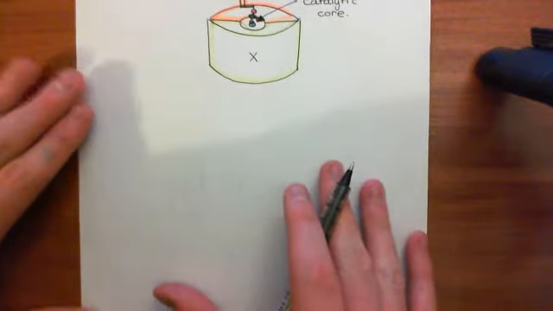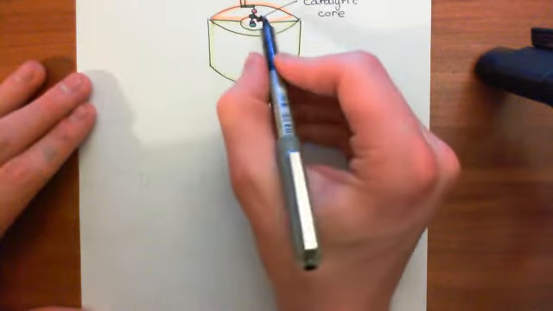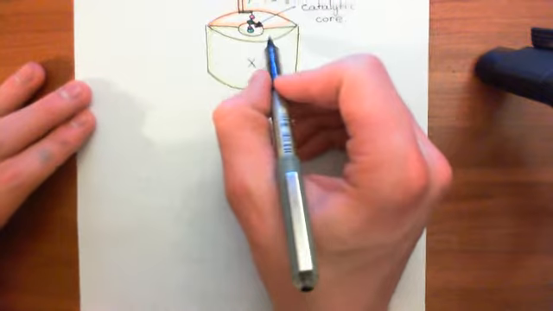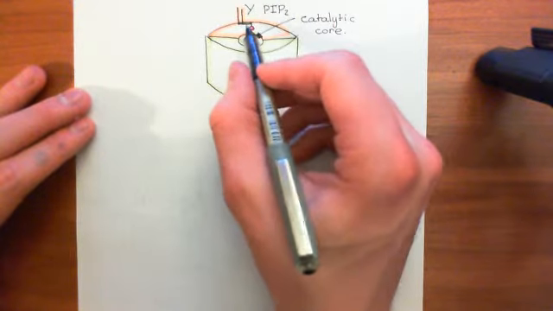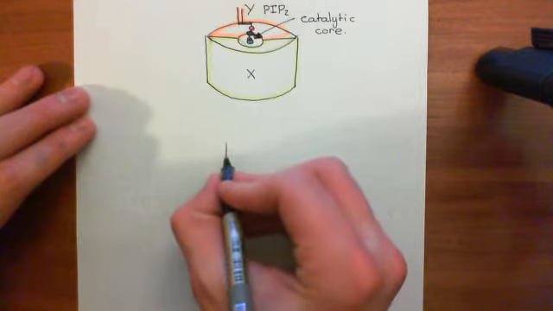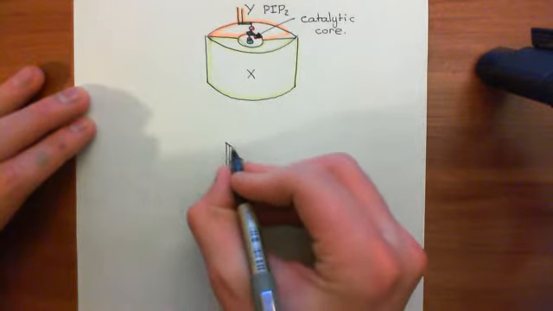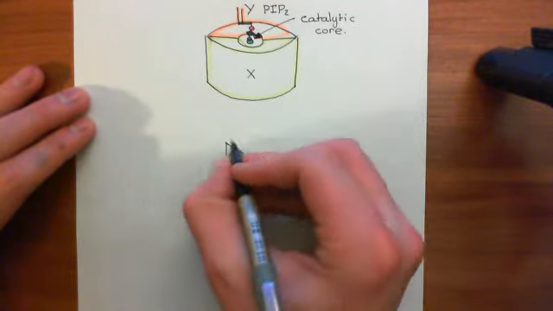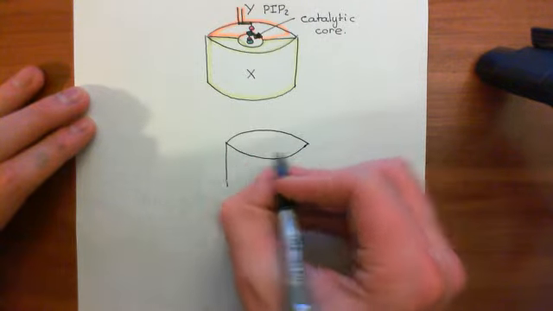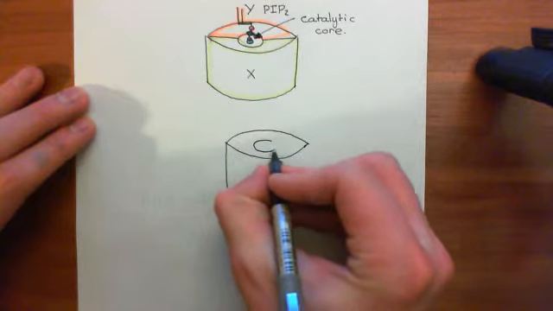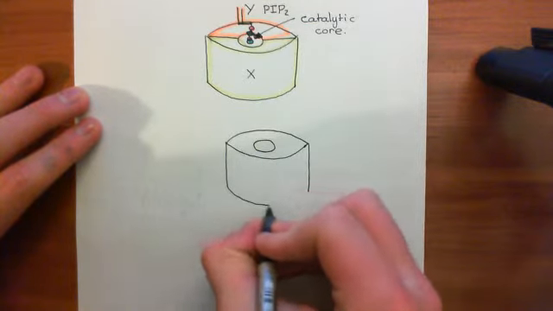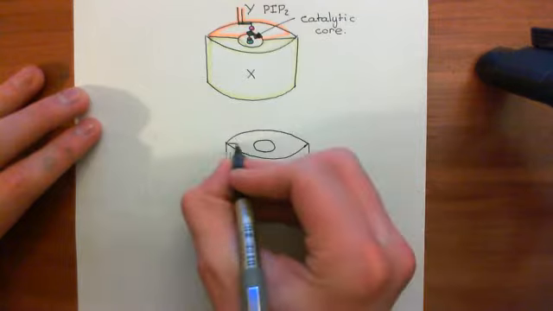Now I'm going to draw another picture of this, because this is the enzyme actually performing its role, with the PIP2 stuck in there, but I want to firstly draw the inactive enzyme. Now the inactive enzyme is actually in the cytoplasm, so it's nowhere near the cell membrane, so it's nowhere near the PIP2, which is within the cell membrane. So it's not currently going to have a PIP2 molecule stuck within that catalytic core.